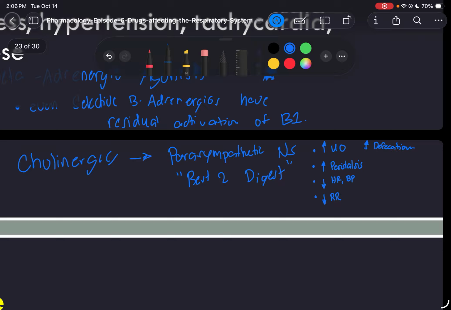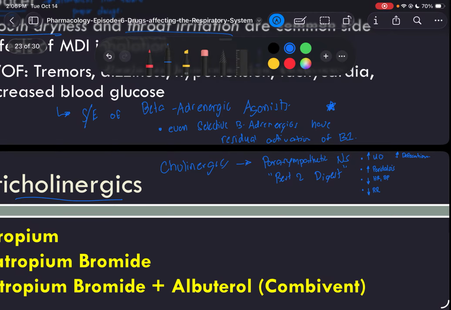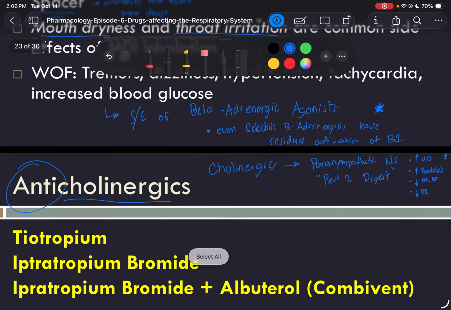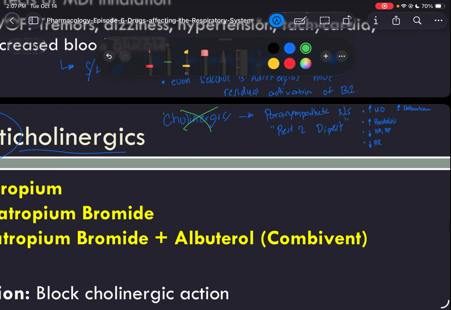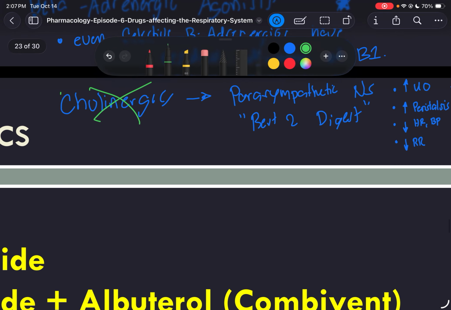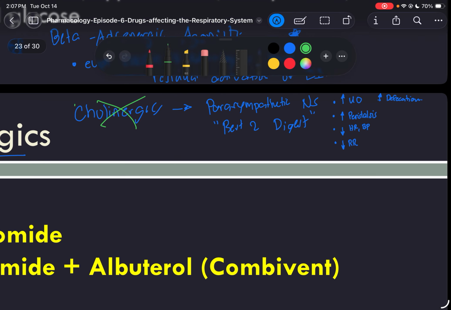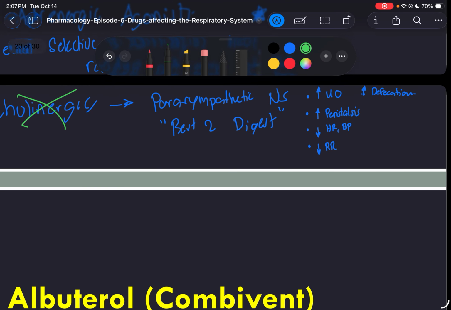So with that in mind, when we say anticholinergic, this drug's job is to stop the cholinergic effect. Listen to me. I will now teach you what happens if you stop the cholinergic effect.